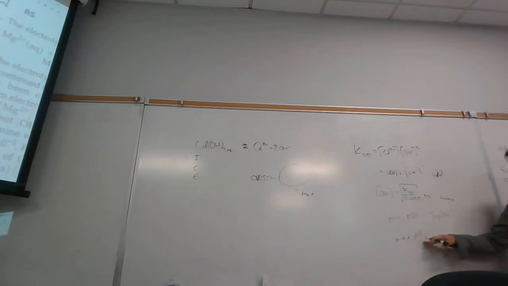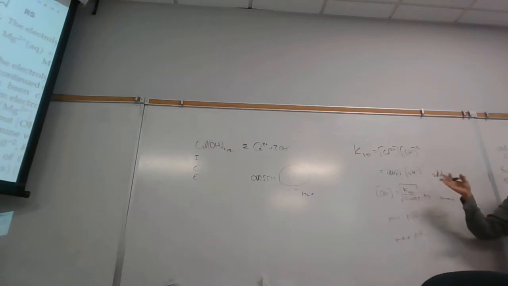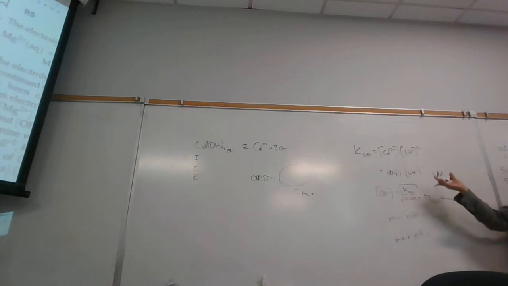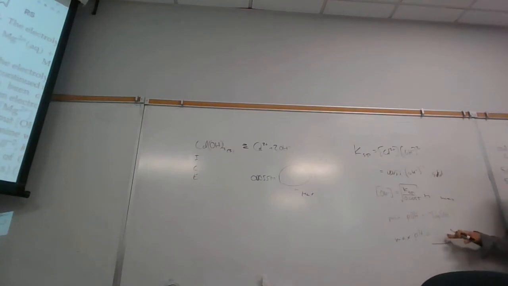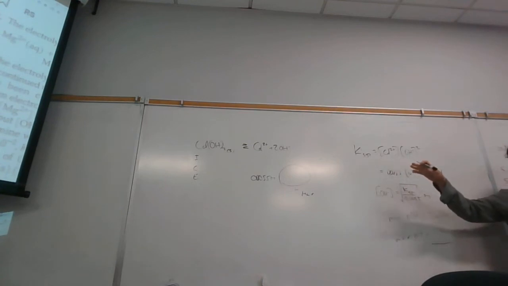Because if we go above this pH, then we're going to get precipitation. Low pH is no problem. We're not going to get any precipitation because low pHs are acidic. This is base. And so the max pH will be whatever that is. We can't go above this pH because if we go above this pH, we have too much hydroxide. It's going to precipitate out.